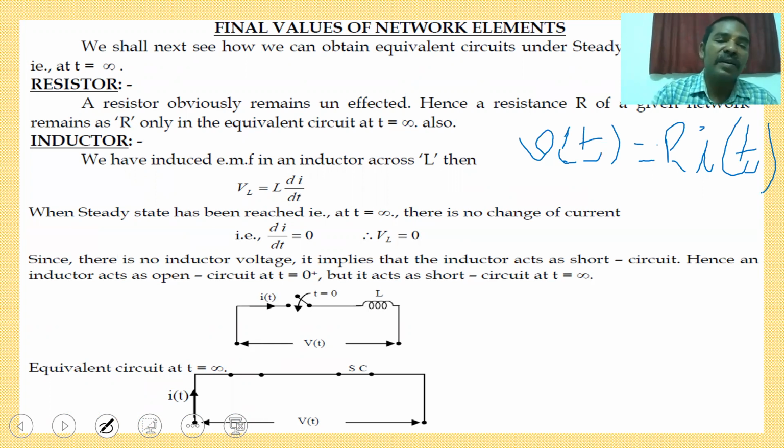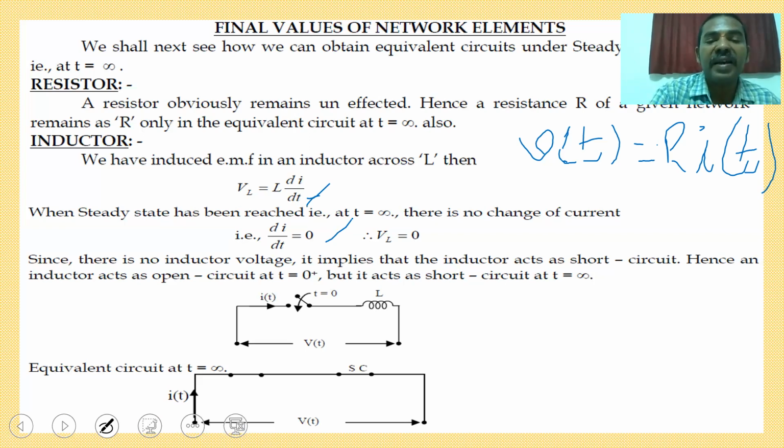Then coming to the inductor, the voltage drop across the inductor is L di by dt. So that means this inductor will depend upon time. If you substitute t is equal to infinity, you get di by d infinity, so that means di by dt will become 0.